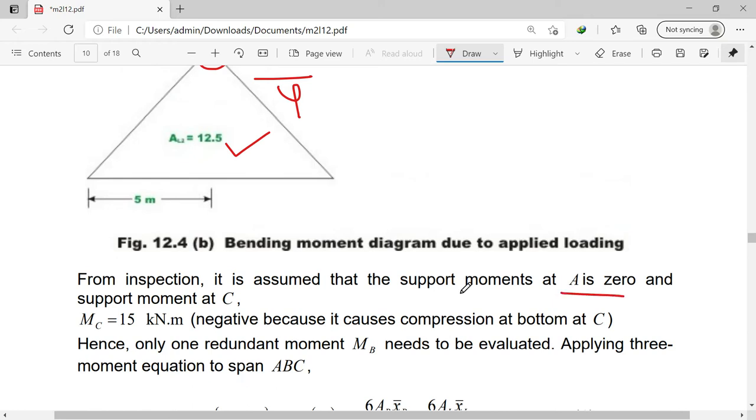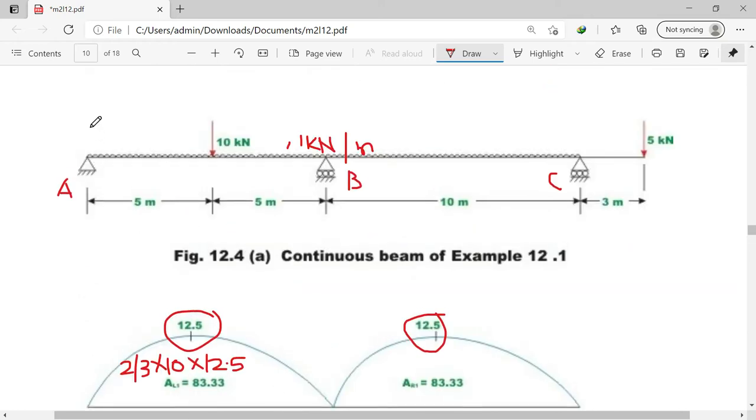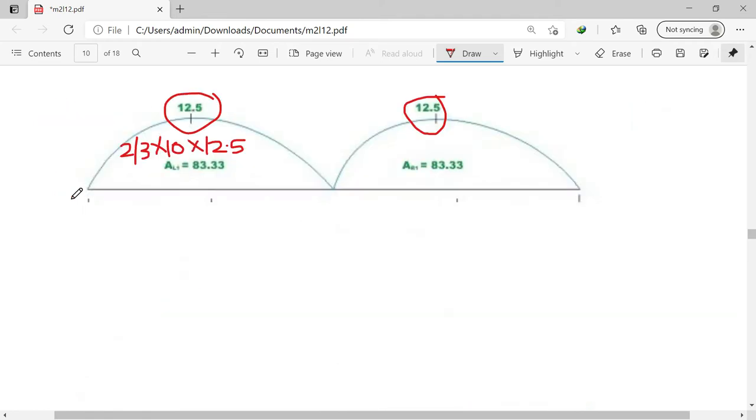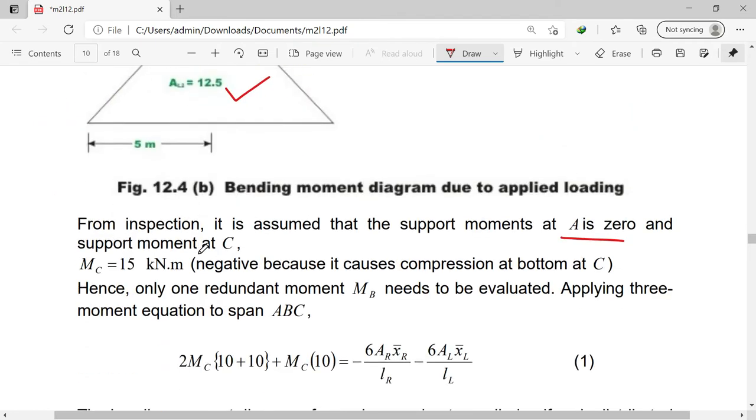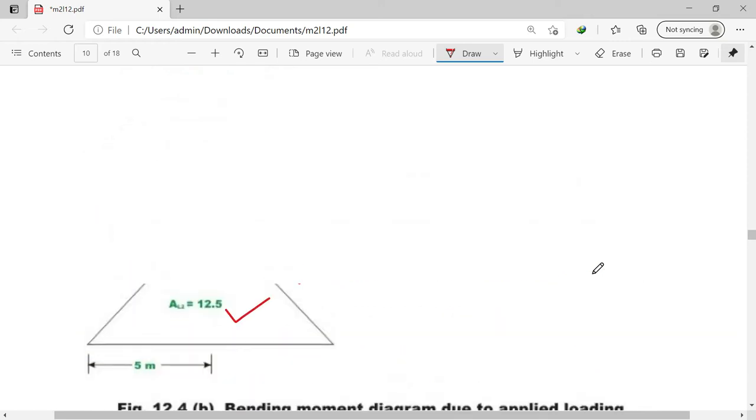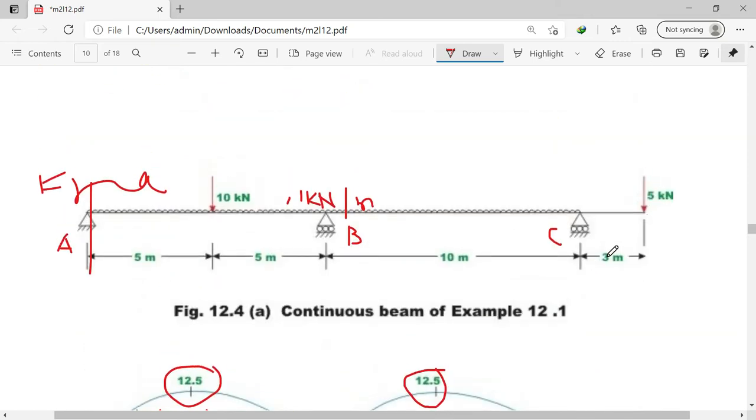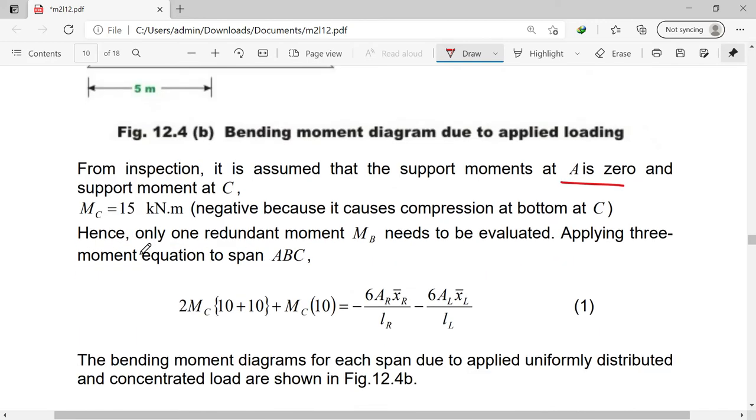Why is the support moment at A 0? Because support A is a free support, and if it is a free support, then whatever moment comes on that support will always be 0. The support moment at C will be MC equal to 15 kN·m negative, because it causes compression at the bottom of C. This is 5 into 3, that is 15 kN, making compression in the form of a moment of 15 kN·m. Hence only one redundant moment, MB, we have to calculate.